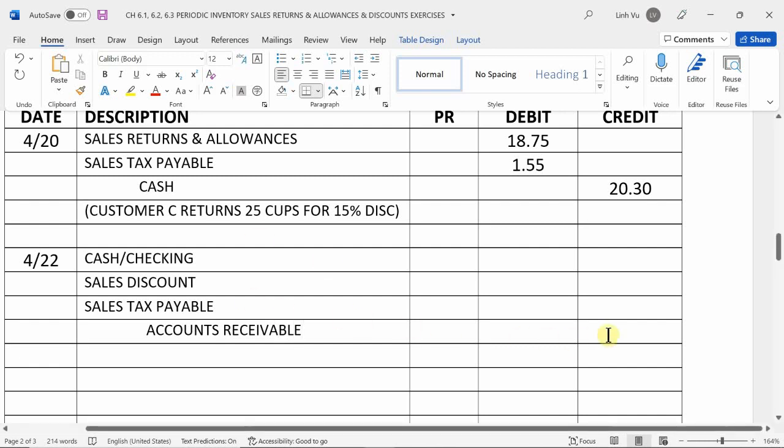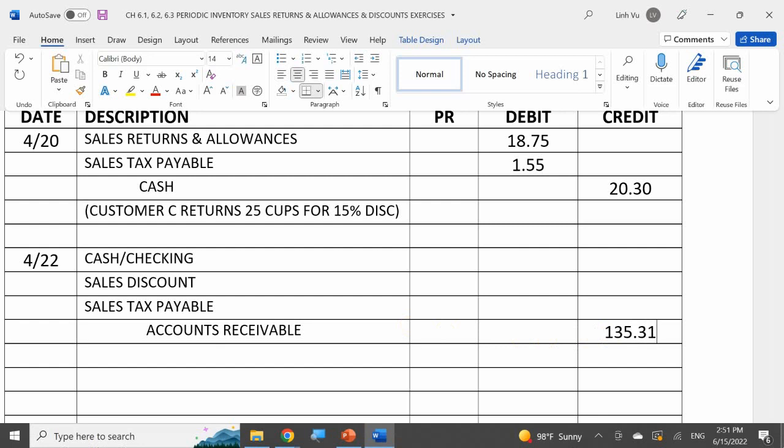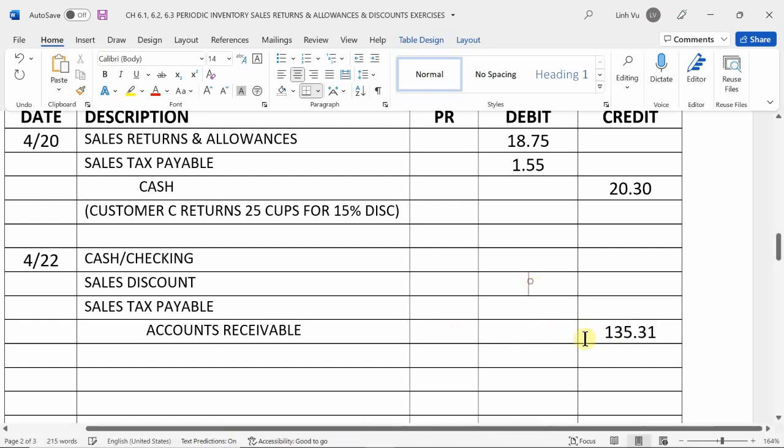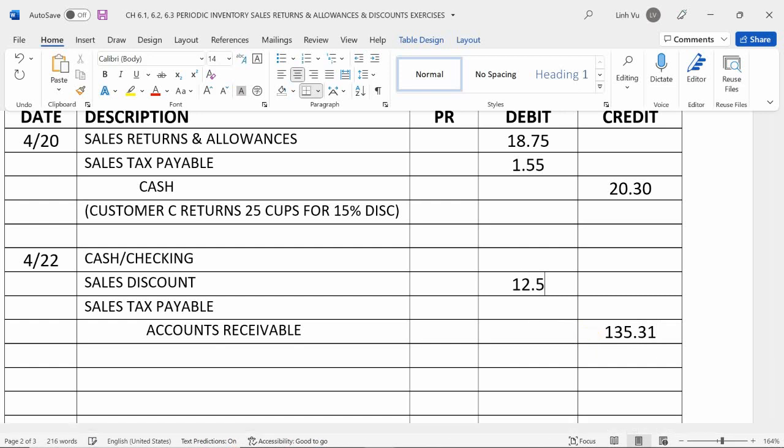Okay? So in this case, he owes me $135.31, right? We know the discount was off of the $125, right? So that gave us $12.50. How much tax money am I going to be refunding to customer B?